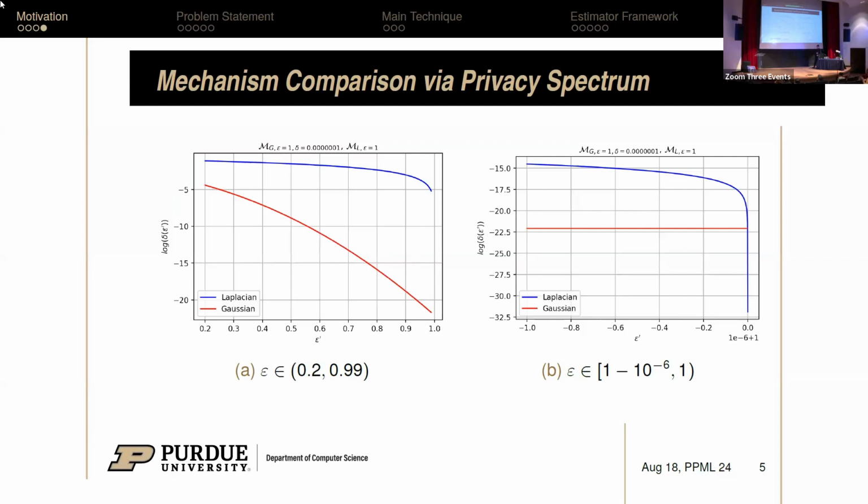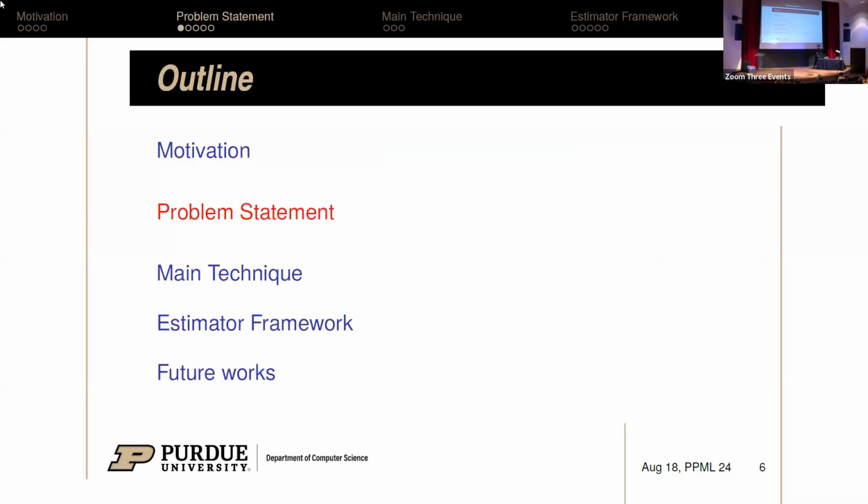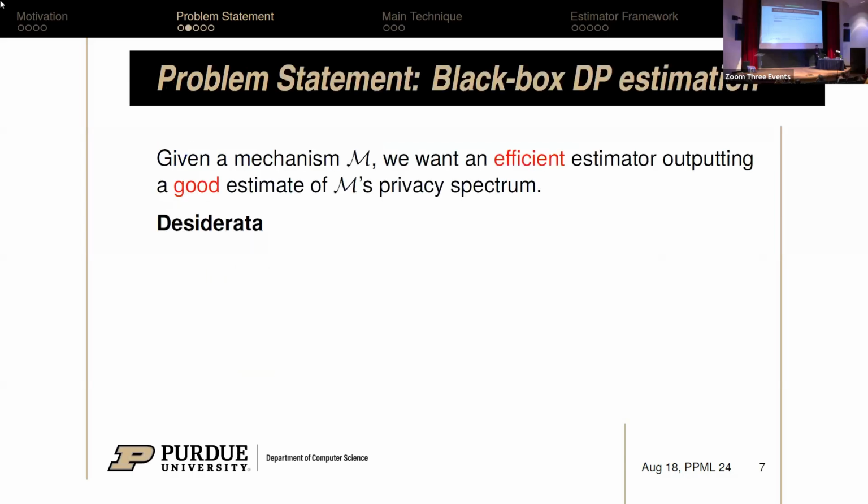With this concept in mind, we're ready to shift gear to our problem statement. Basically, given a mechanism M, we want an efficient estimator that can provide an accurate estimate of the privacy spectrum. By efficient, we mean that we want the estimator to run in polynomial time.